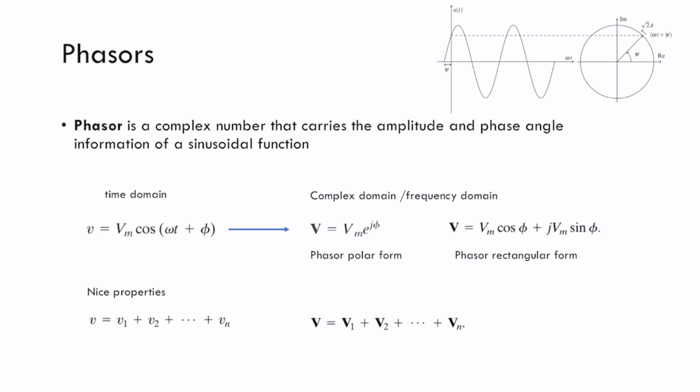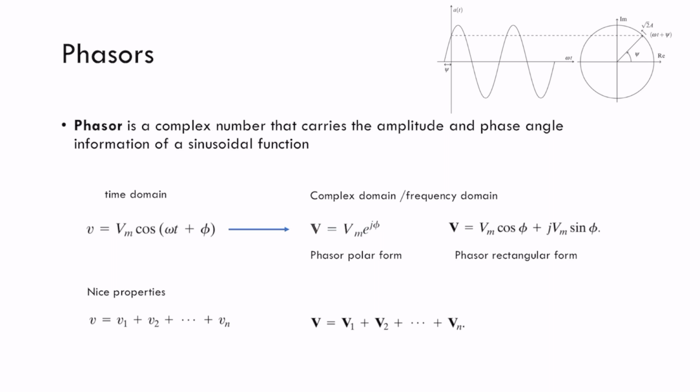Okay, but there is something much more interesting: the properties of these phasors. A phasor is basically a complex number, and we are representing the same information in a different domain, the frequency domain. And these have very nice properties.